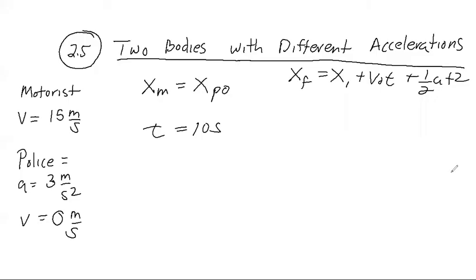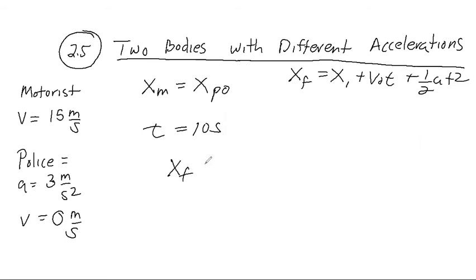Finally, we're asked to solve for how far away from the initial point they were when they finally met up. So we know that they're both in the same final spot. I could use either expression with my time of 10 seconds. So let's take the motorist.